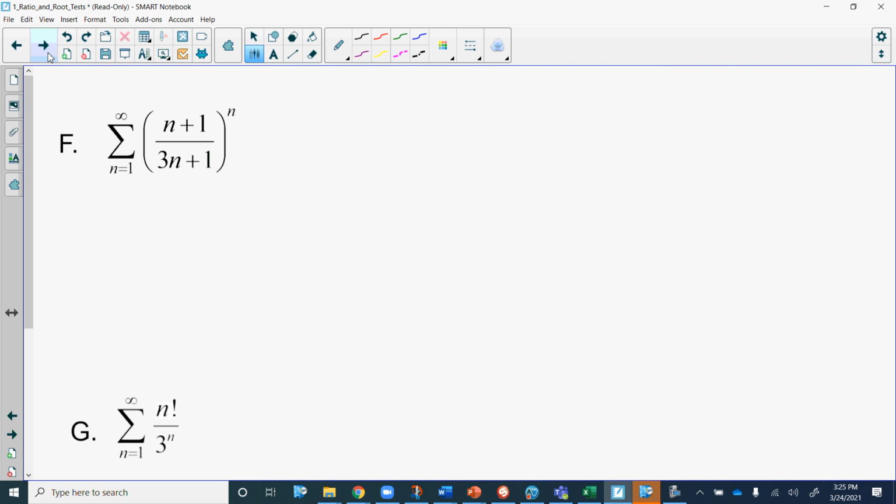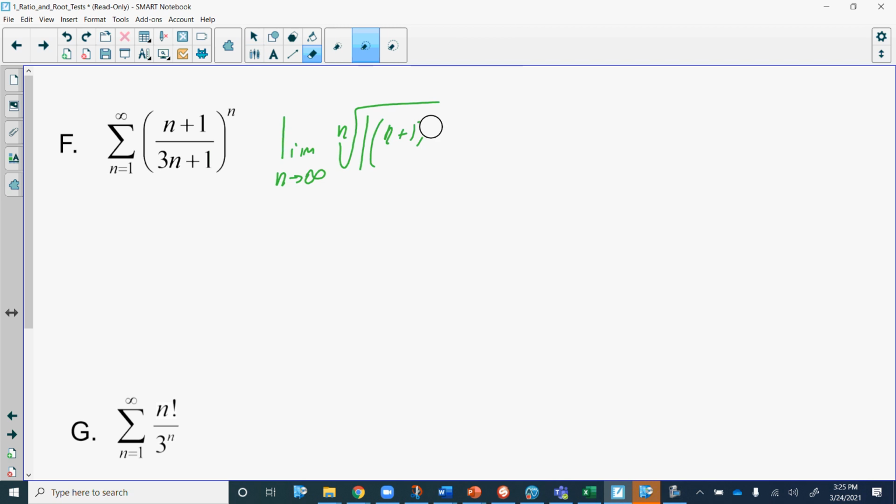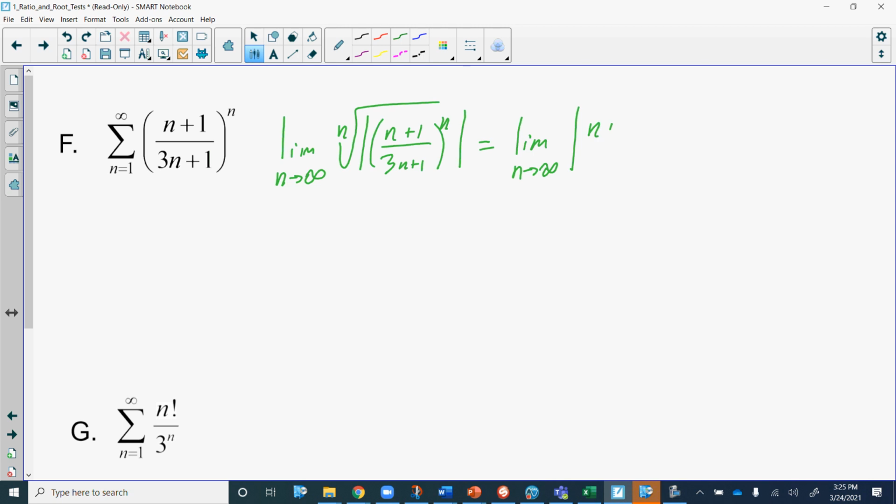So I'm going to say here, based on what we have, the limit as n approaches infinity of the nth root of the absolute value of n plus 1 over 3n plus 1 to the nth power will simplify to be the limit as n approaches infinity of the absolute value of n plus 1 over 3n plus 1.